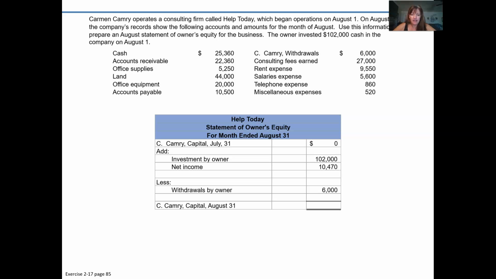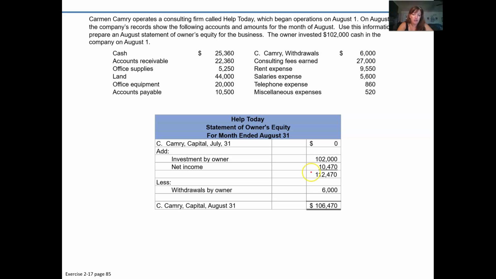So we're going to add that $10,470. It's a net income, so we add it. If you have a net income, you don't also have a net loss. So the only thing that we're subtracting in this problem is the $6,000. Since we're adding two things, we'll go ahead and add them together and get a subtotal, and then subtract the withdrawals.